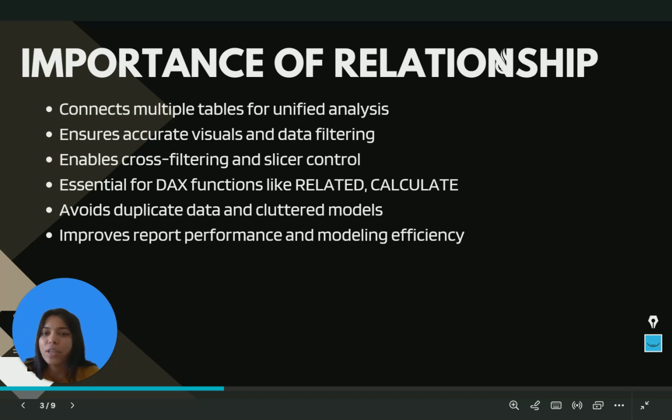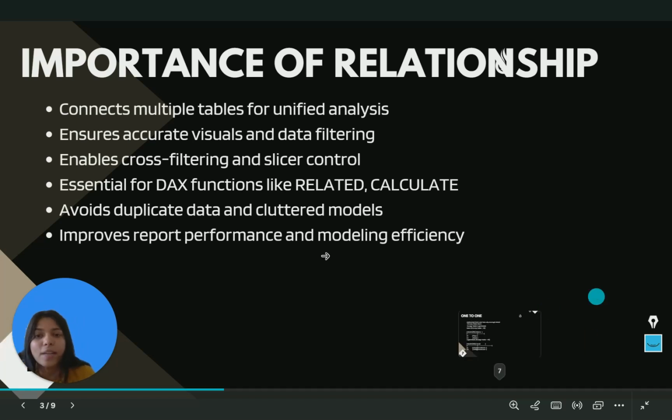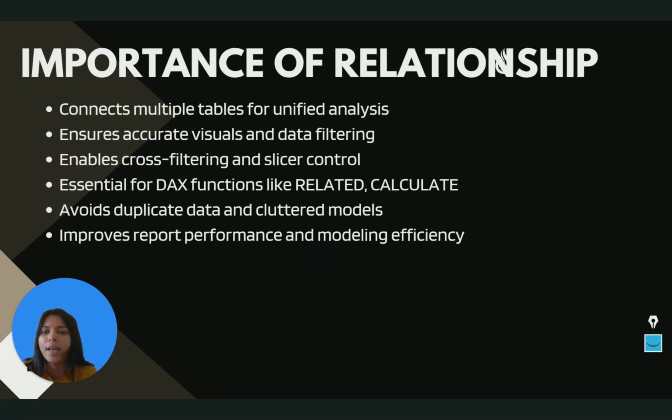Okay. It ensures accurate visualizations and data filtering, enables filtering and slicer control, essential for DAX functions like RELATED and CALCULATE, avoids duplicate data and cluttered models, improves report performance and modeling efficiency. Of course, it improves the performance. It avoids duplication of the data because you have created a connection.